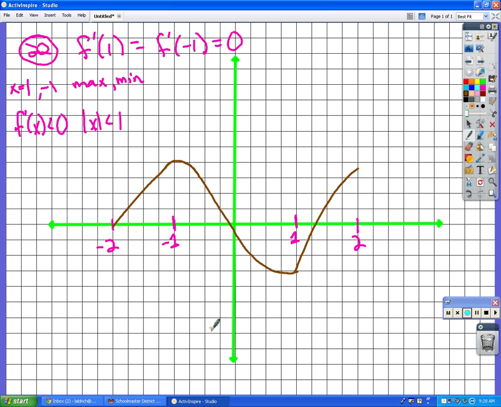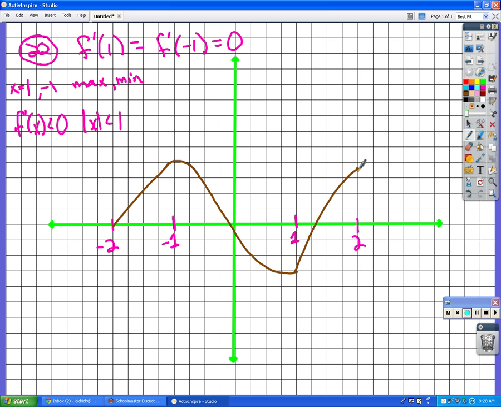All right, then it says f prime of x equals negative 1 if the absolute value of x is greater than 2. So f prime of x equals negative 1 means the slope is negative 1 if the absolute value of x is bigger than 2.